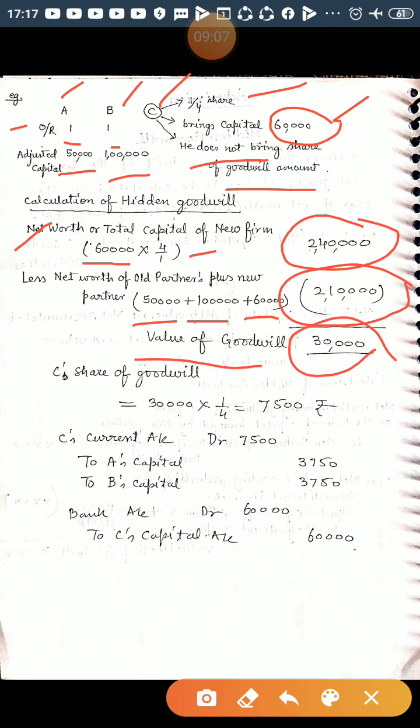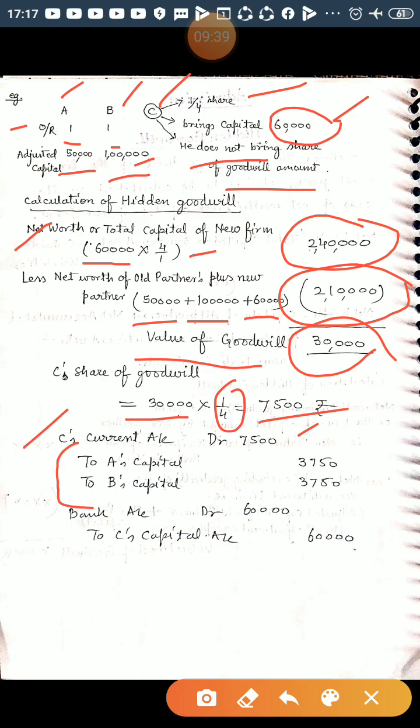So C's share of goodwill, or the premium for goodwill he is supposed to bring, is 30,000 multiplied by 1/4, that is 7,500. And the journal entry, if the partner does not bring the premium for goodwill: the new partner's current account, C's current account, will be debited with 7,500, and the old partners will be credited in their sacrificing ratio, because no other information has been given about the new profit sharing ratio.